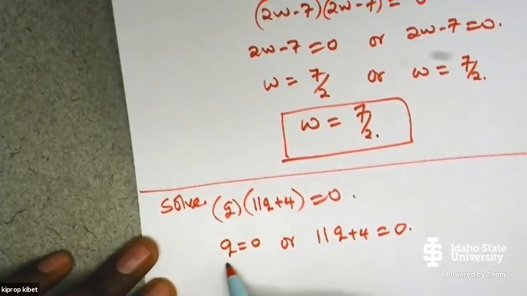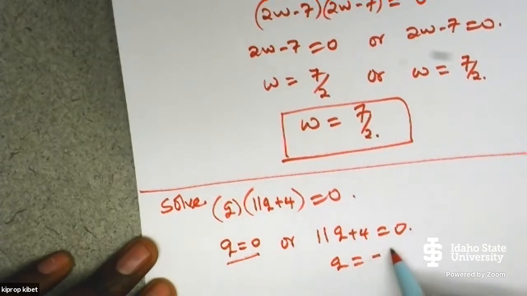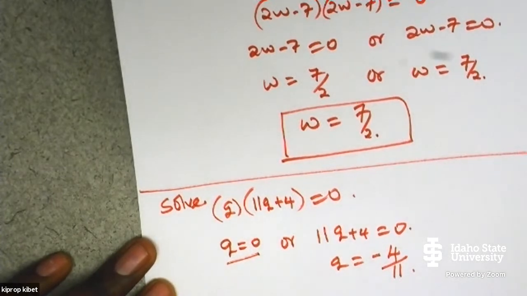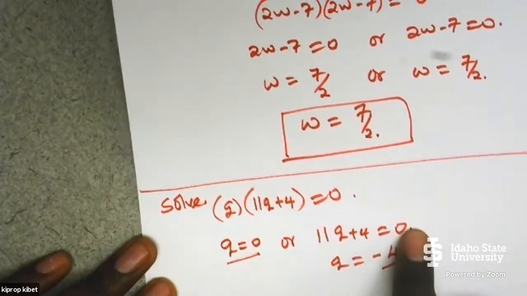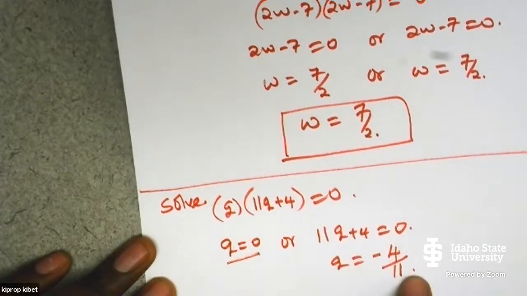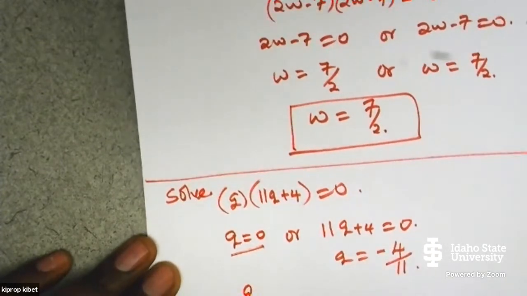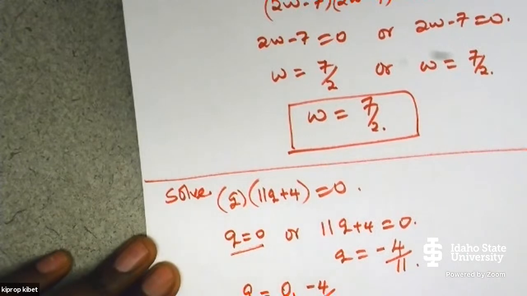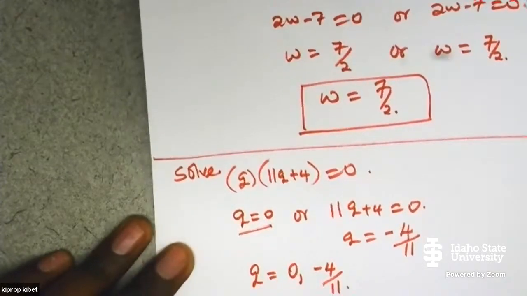So our Q is 0, or Q equals -4 over 11. You take 4 to the other side, it becomes -4, and then you divide by 11. So our Q equals 0, or -4 all over 11. Any question?